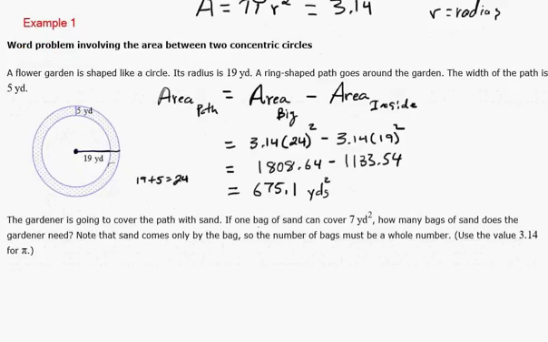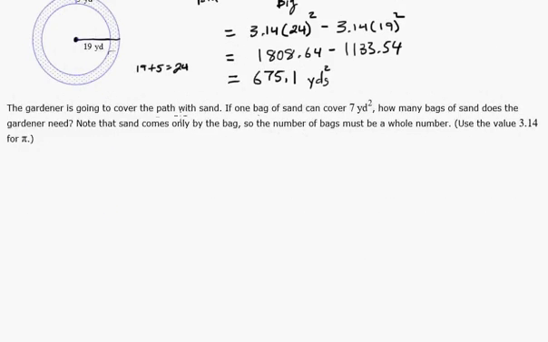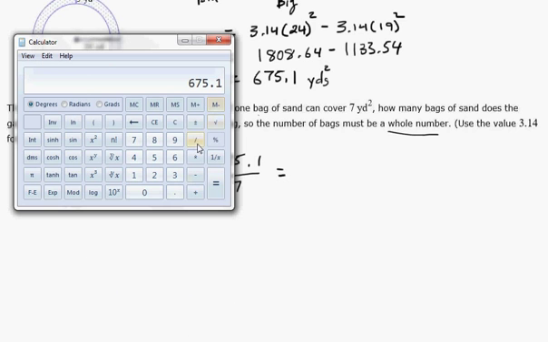Now they say the gardener is going to cover the path with sand. If one bag of sand can cover 7 square yards, how many bags do we need? They want us to round to whole numbers. So I'm just going to divide 675.1 by 7, and I get 96.44.